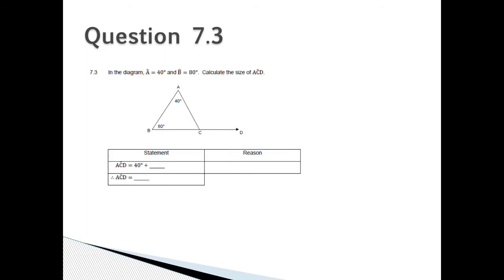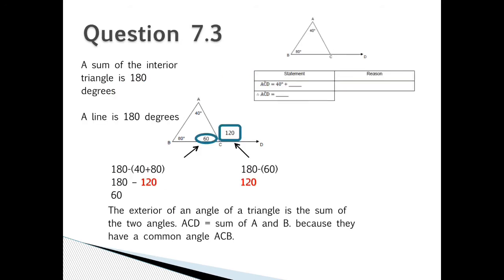Question 7.3. In the diagram, angle A is equal to 40 degrees and angle B is equal to 80 degrees. Calculate the size of ACD. The sum of the interior angles of a triangle is 180 degrees.